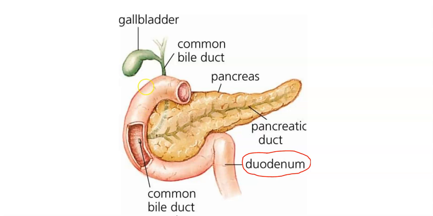Okay, other than gallbladder, non-ciliated simple columnar epithelium can also be found in the wall lining small intestine, such as duodenum.